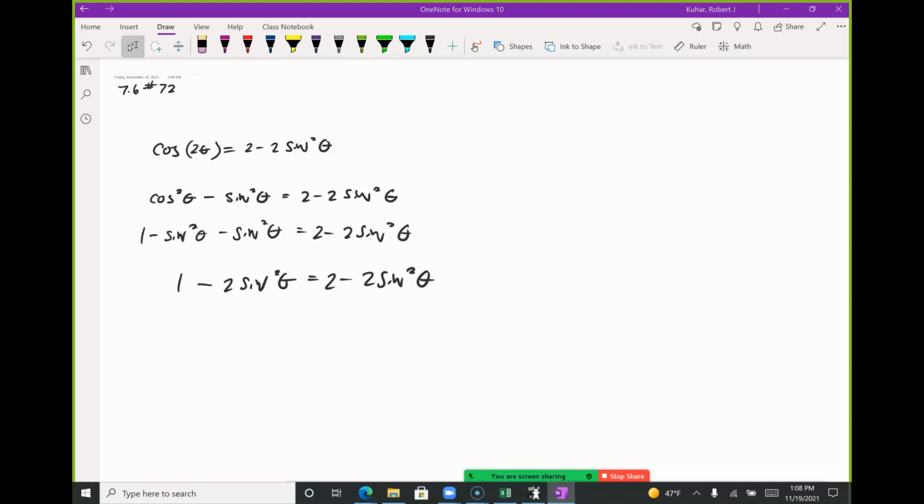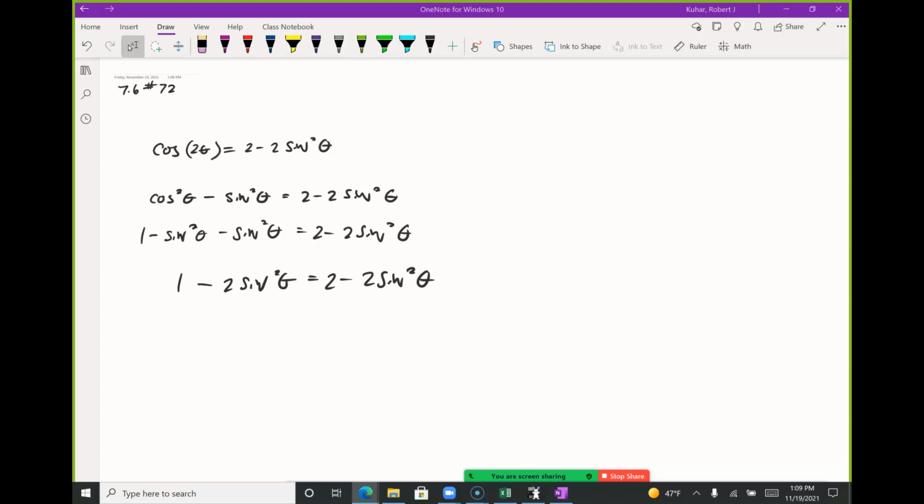So I'm going to cheat and go to my solutions for chapter 7. This is how I got myself through school: if I was working on a problem and didn't know if I was doing it right, I would take a quick peek at the solution to see if I was going the right way. 7.6, number 72.